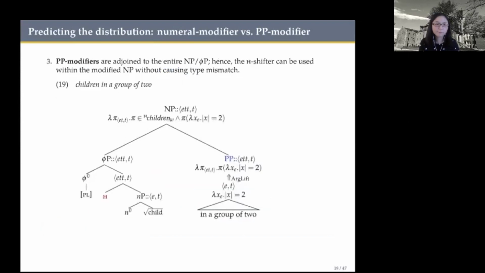In contrast, PP modifiers are joined to NP or phi p externally. So edge shifter can still apply locally within phi p. While for PP, all we need to do is just type lifting, apply argument lift, so that we get a PP denoting a set of generous quantifiers, and then phi p and PP can combine standardly using predicate modification.